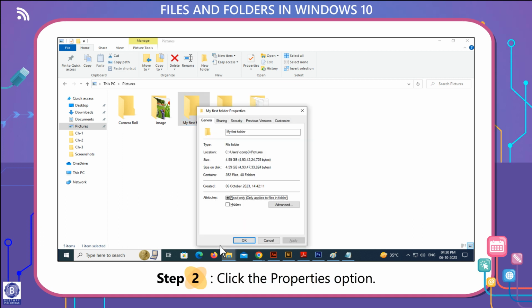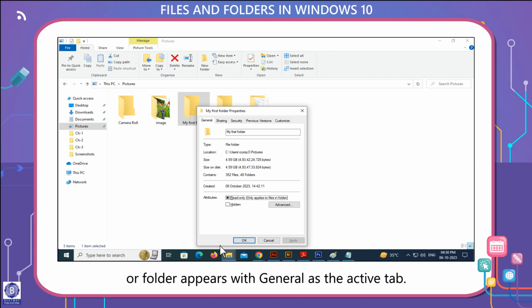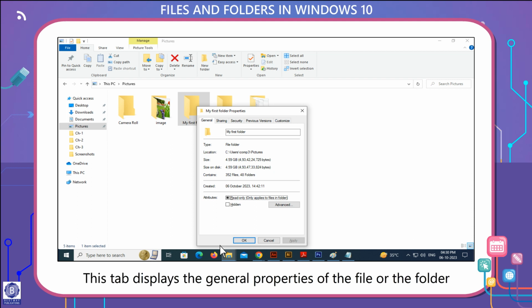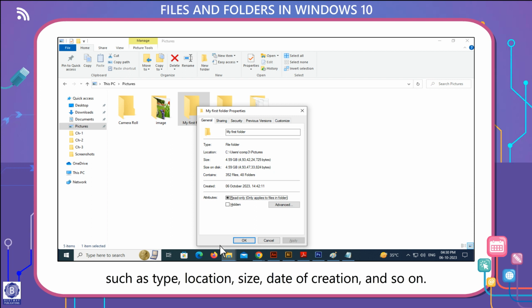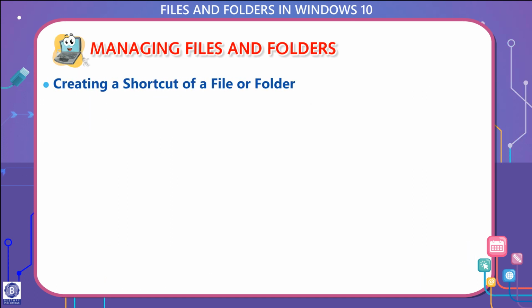Click the Properties option. The Properties dialog box of the selected file or folder appears with General as the active tab. This tab displays the general properties of the file or the folder such as type, location, size, date of creation, and so on.